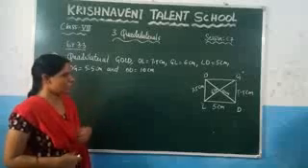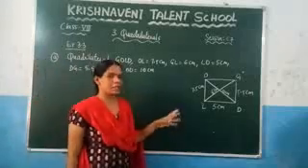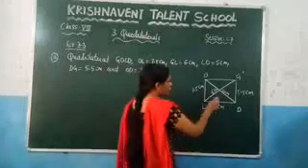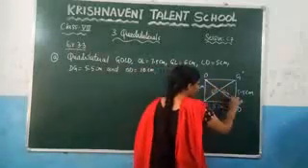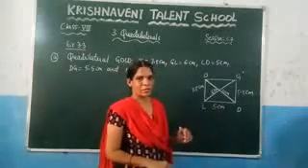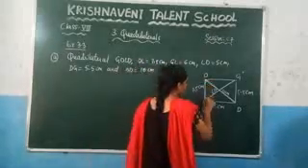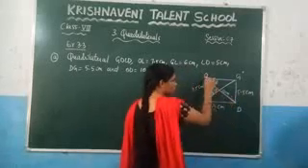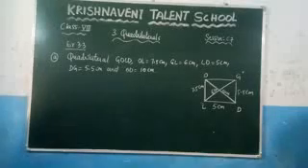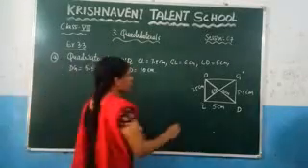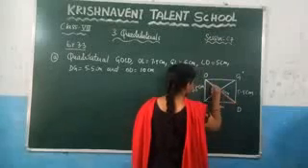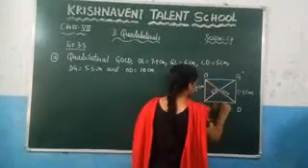Clearly you can observe that you can draw this in two ways. Why? Because here you can observe that the diagonal divides this quadrilateral into two triangles, right? So here this is one triangle. You can observe that this is one triangle, right?